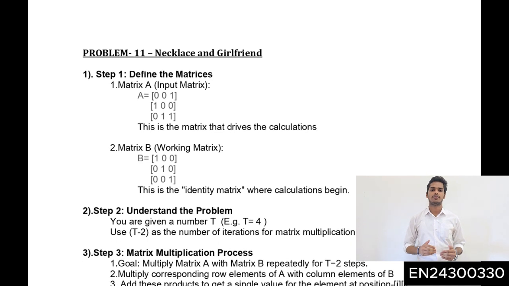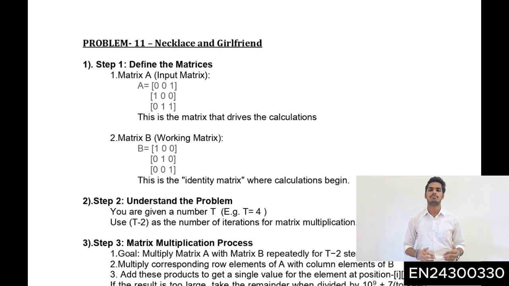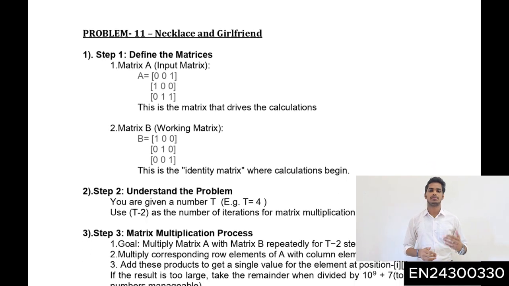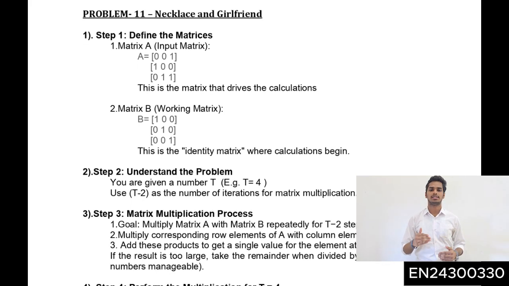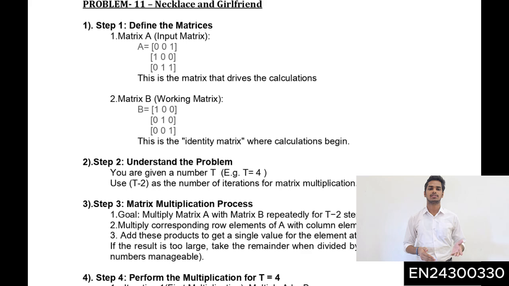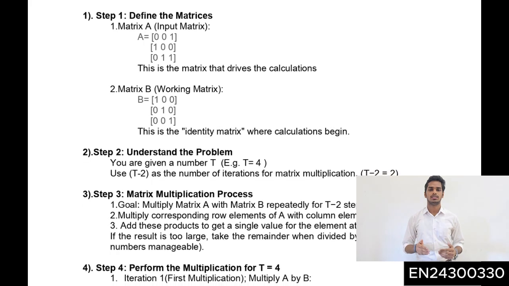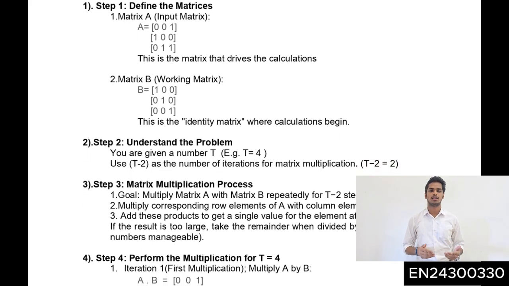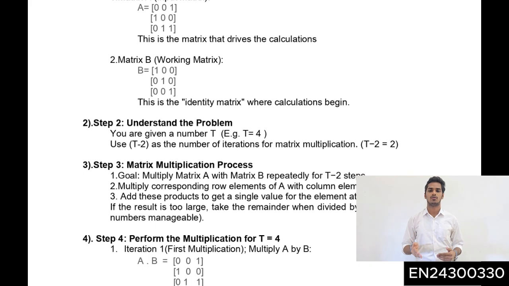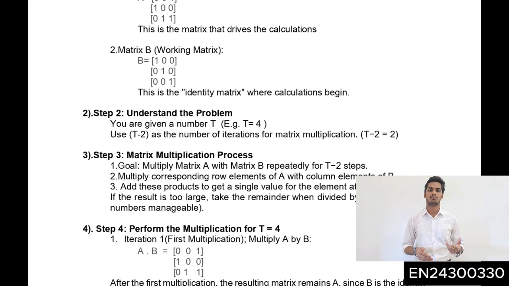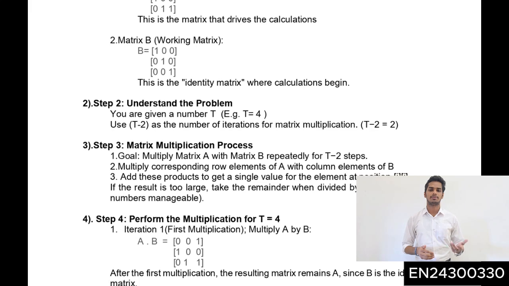You can see we have two matrices, matrix A and matrix B. A matrix is the main matrix used for calculation and B matrix is the identity matrix which acts as the starting point. In step 2, for an example, if we take t as a given number and if t equals 4, use t minus 2 as the number of iterations for matrix multiplication.